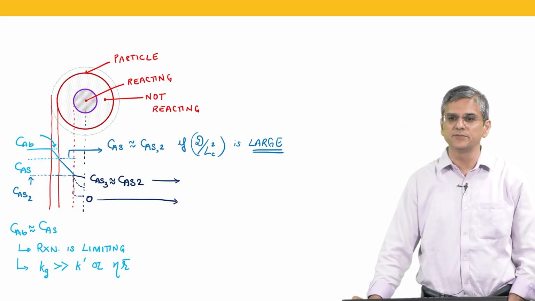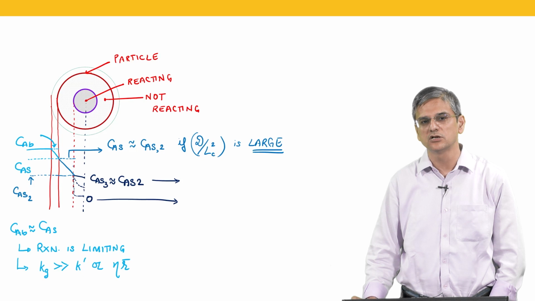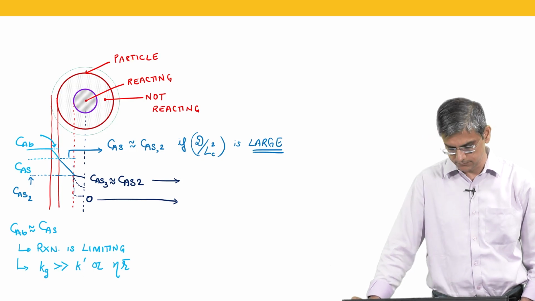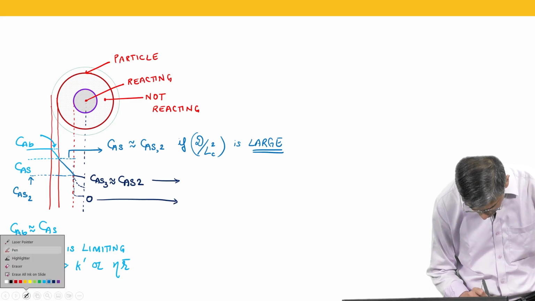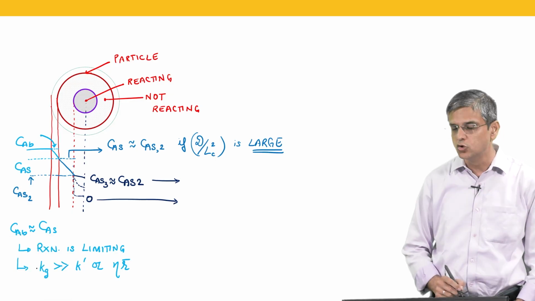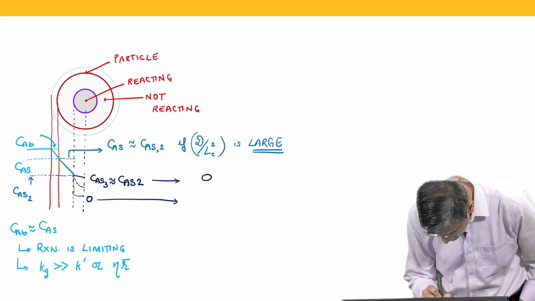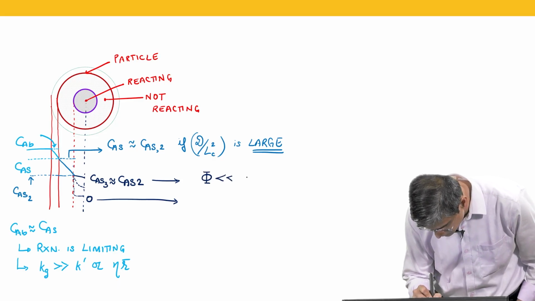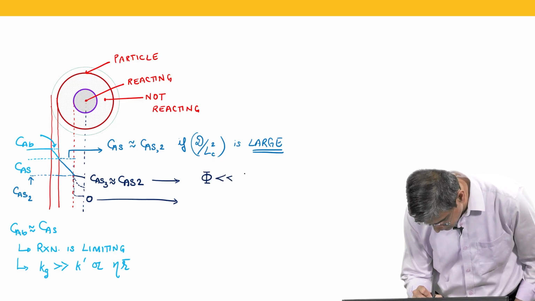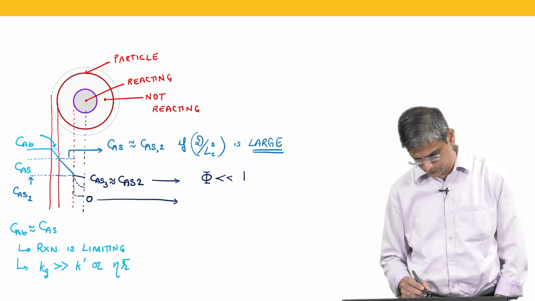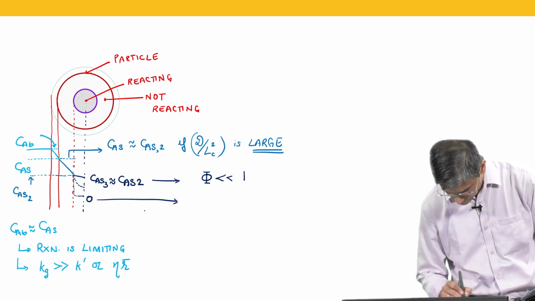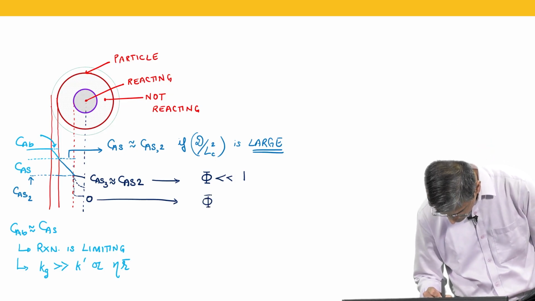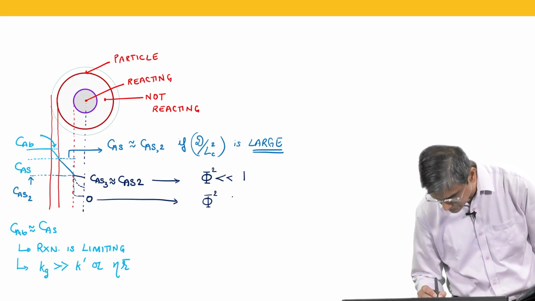Okay, d by L square can be large because d is large or because L is small. Okay, CaS3 approximately equal to CaS2. Phi less than 1. Let me say phi square.